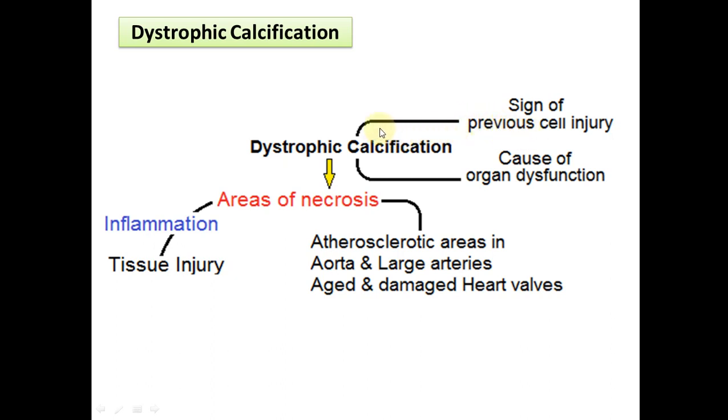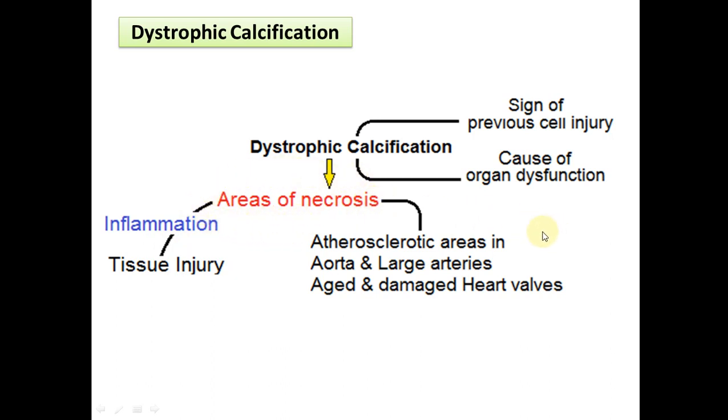However, in certain conditions, particularly if it affects the blood vessels and the heart valves, it may cause organ dysfunction. Dystrophic calcification occurs in areas of necrotic cell death, and usually when there is tissue injury, it leads to inflammation, and in irreversible injury, there is cellular necrosis.